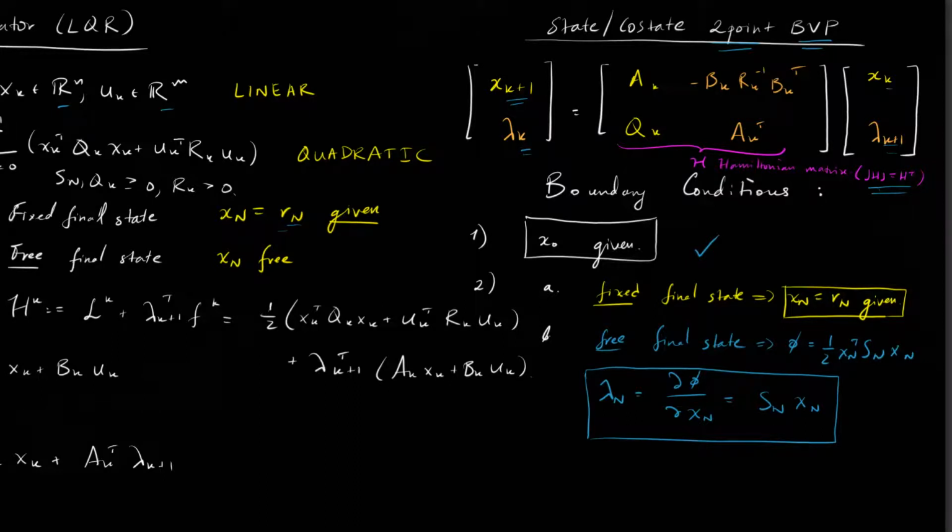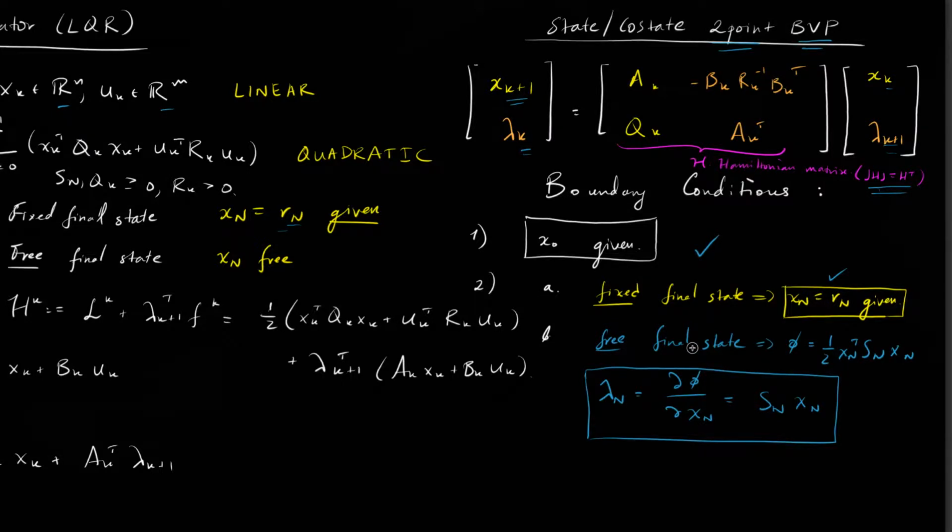The second boundary condition, though, comes from the type of problem that we want to solve. And remember, we said we have two different types of problems. We have fixed final state problems, in which x_N is given, so that's two conditions right there. Or we have free final state problems.